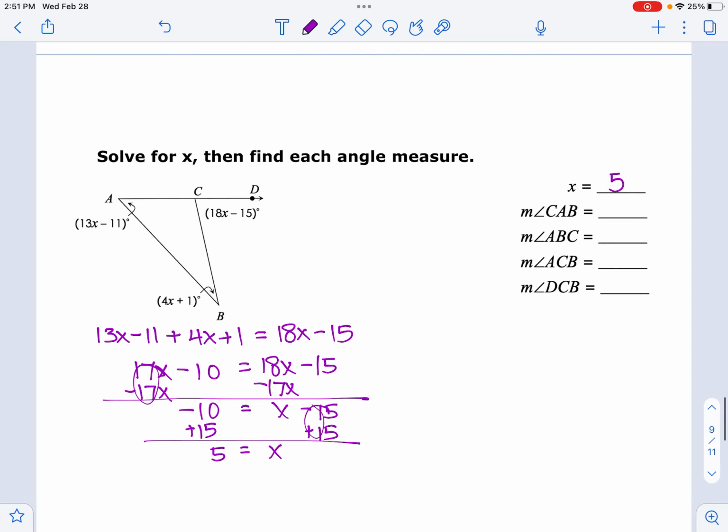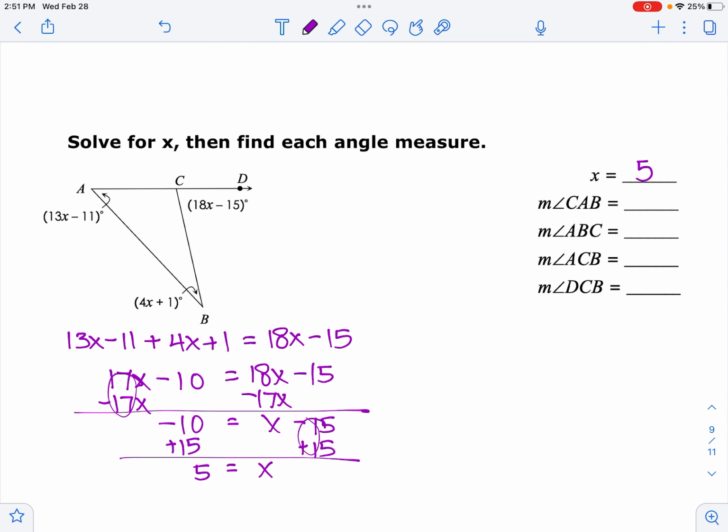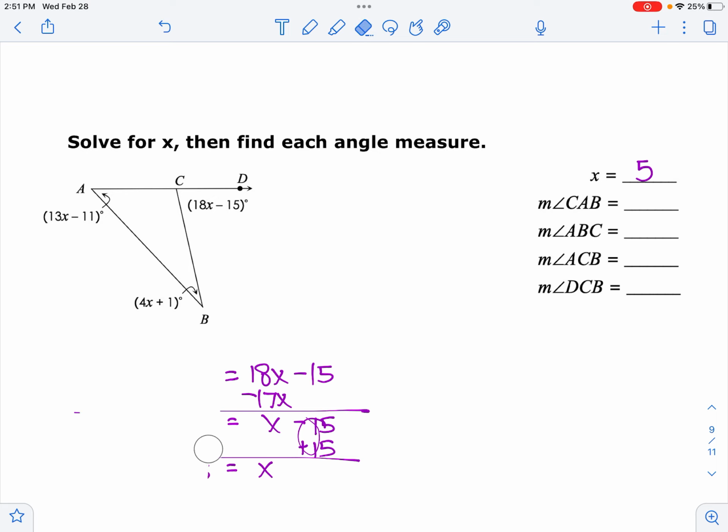Okay. Now, we're just plugging back in. Now that we know that x is 5, we can just plug back in, use our calculator if we need to, figure out what we get. And hopefully, angle CAB, I guess I should say, and ABC should add to be BCD. All right, let's find CAB.